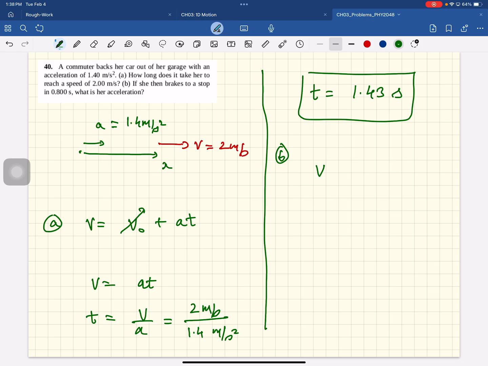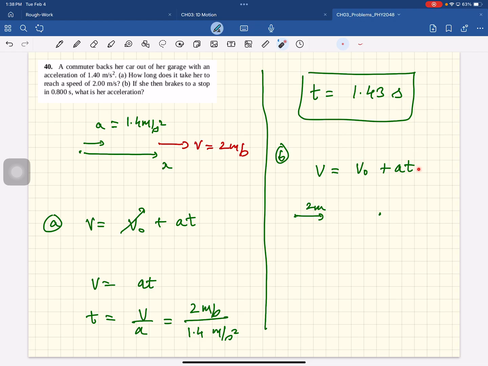So again, we'll use the same equation, V equals V naught plus AT. Okay, so this time what is happening? You were going at 2 meters per second, and you're stopping. So what is your final velocity? 0 meters per second. What is your initial velocity? 2 meters per second.